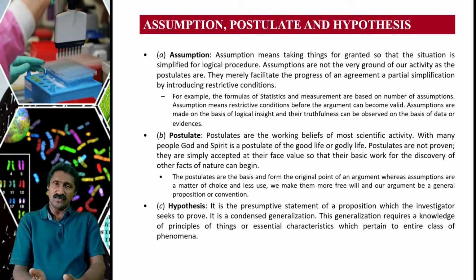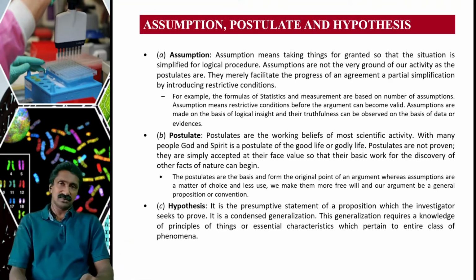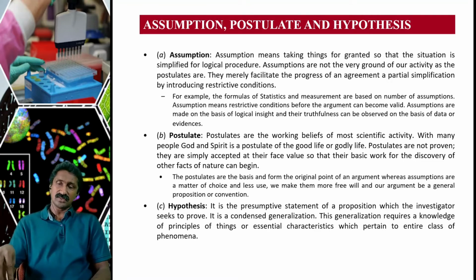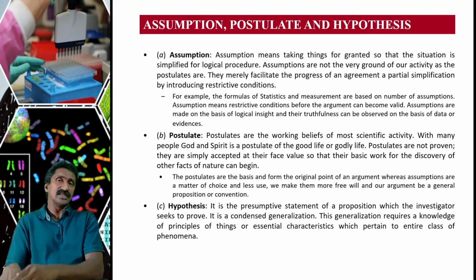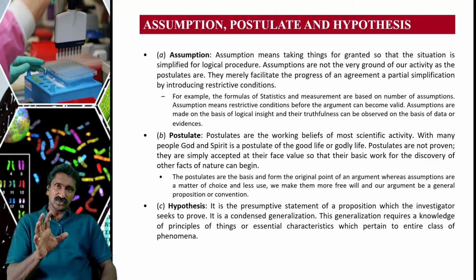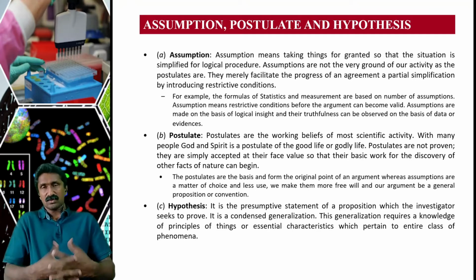When we are deriving formulas, we will assume, say, x is constant, or x is assumed to be 0, so then the value of y will be this. In a similar fashion, we can assume things so that some parameters can be fixed, and assume that they don't have any effect on that experimental output.